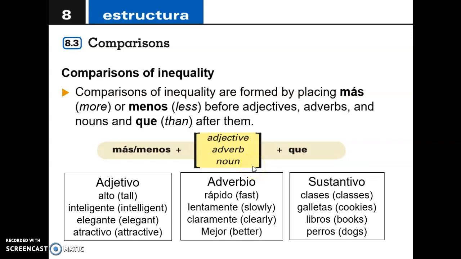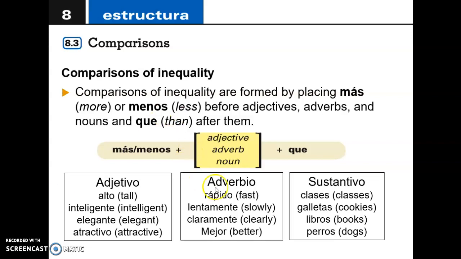So if we put that in a sentence, we can say, mi hermano es, my brother is, mi hermano es más alto que yo. My brother is taller than me. Inteligente. Mi perro es, my dog is, más inteligente que mi gato. My dog is more intelligent than my cat.